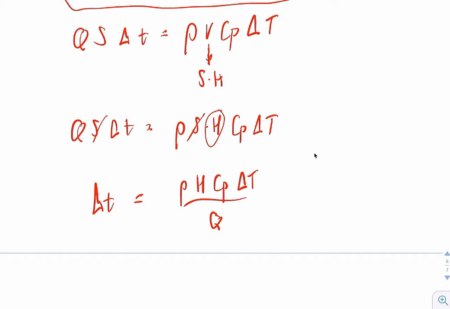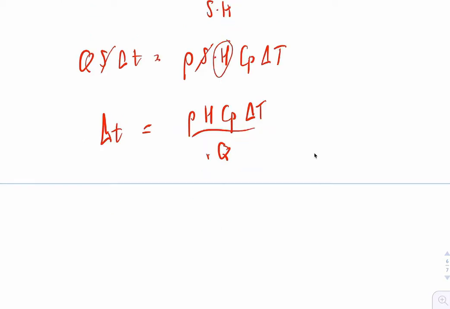If my depth goes up, my time required goes up. If my temperature change that I need goes up, my time required goes up. If my heat flux goes up, denominator down here, my time scale goes down.